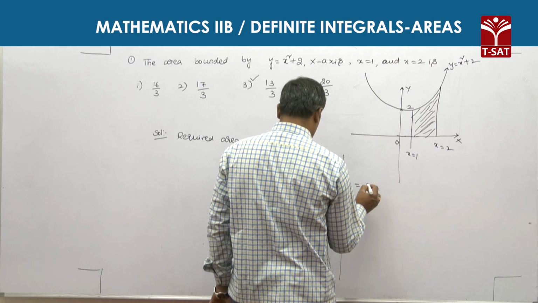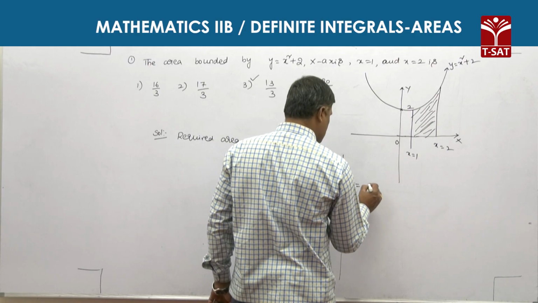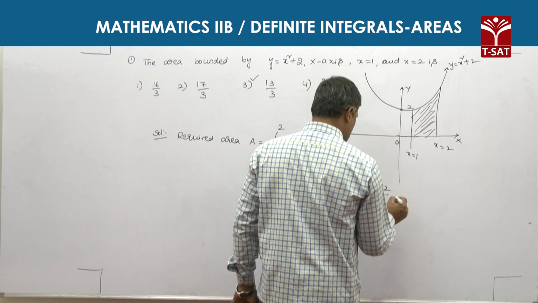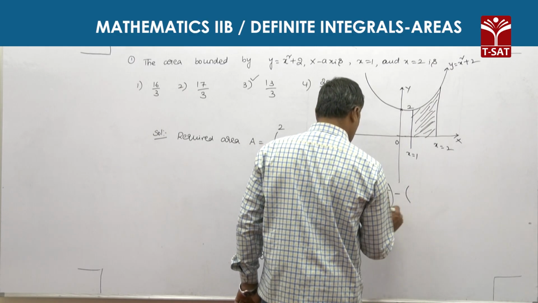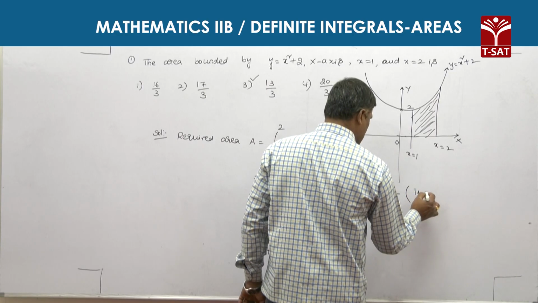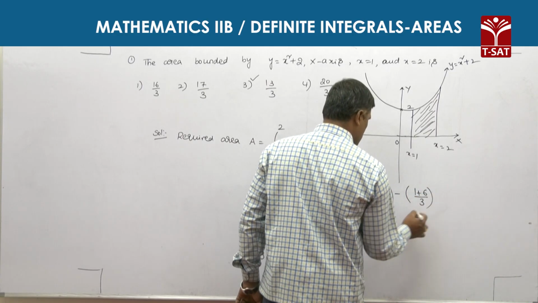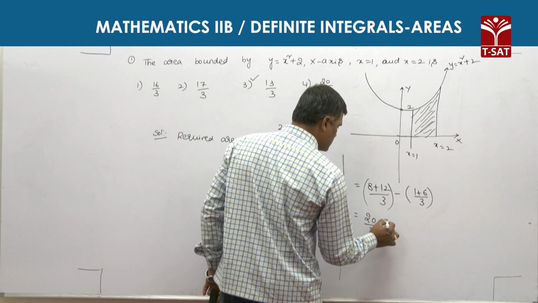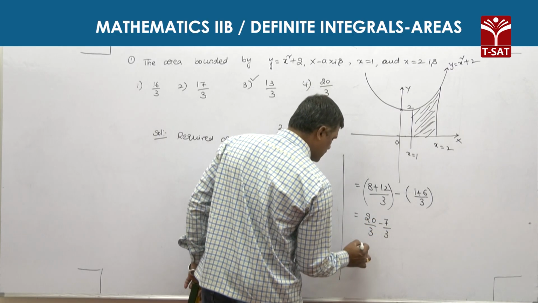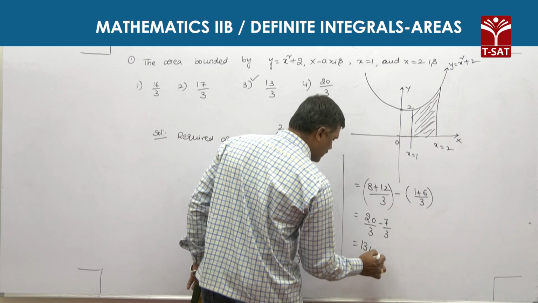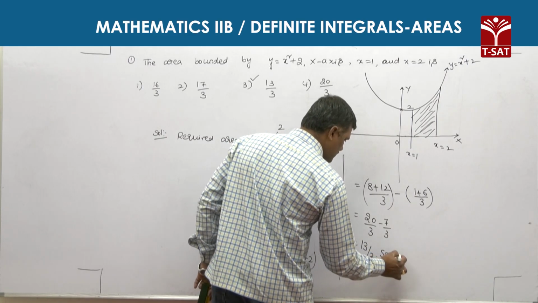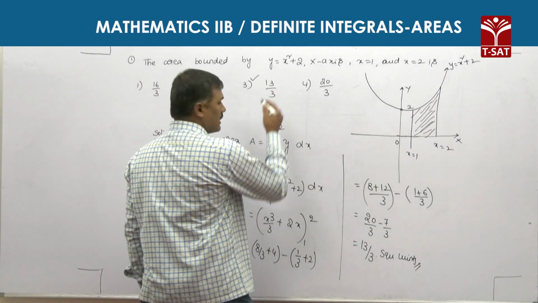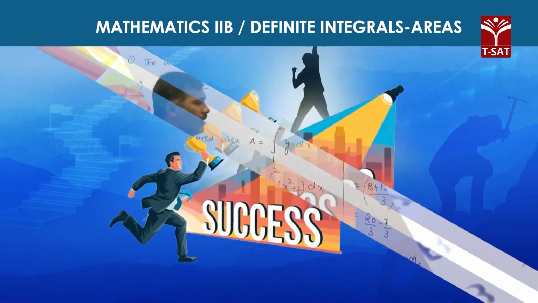That is equal to 8/3 plus 12/3, minus 1/3 plus 6/3, that is equal to 20/3 minus 7/3, 13/3 square units. 13/3 square units, which is the required solution of the given problem.